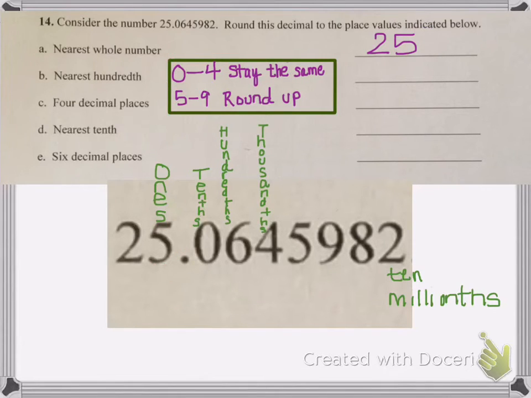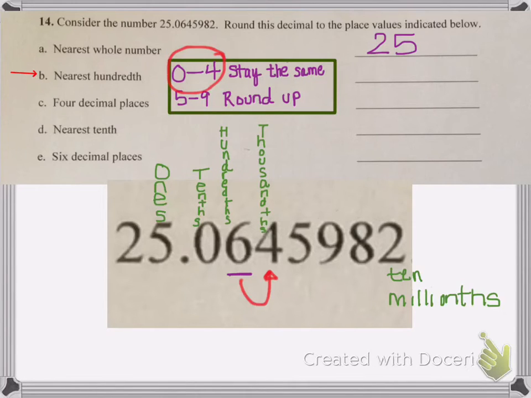All right, now let's look at the next place value. We have to round to the nearest hundredth. So I go to the number in the hundredths place, which is the 6, and then I look to the right to find the critical digit. That critical digit is a 4. So that puts me between 0 and 4, which means that the number in the place value to which I'm rounding, so this is the 6 in this case, is going to stay the same.